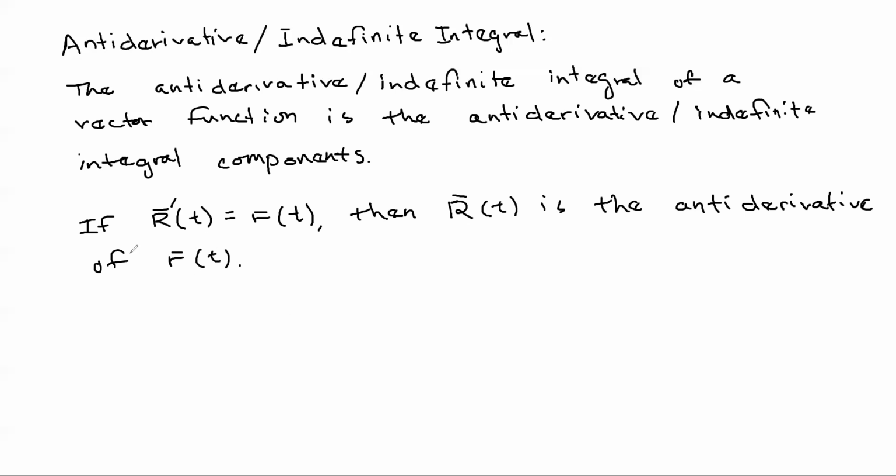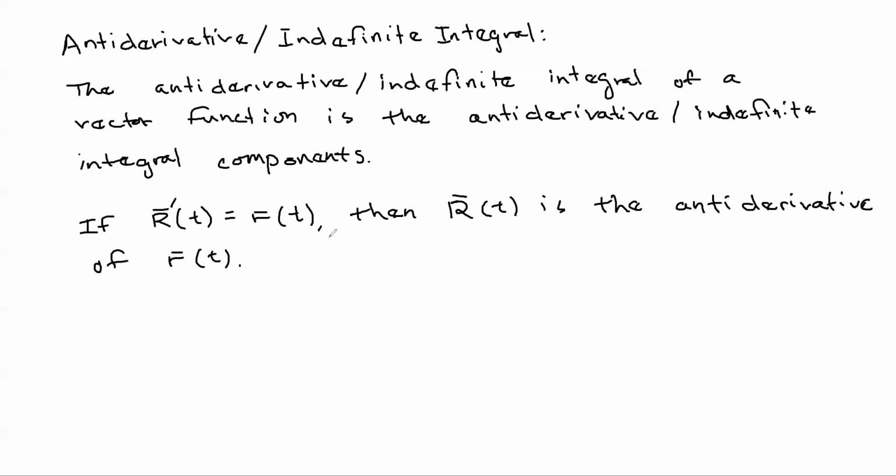So for scalar functions, we would say if capital F prime equals lowercase f, then capital F is the antiderivative of lowercase f. And that's our definition for an antiderivative. It's the thing that you would differentiate to get the original function.